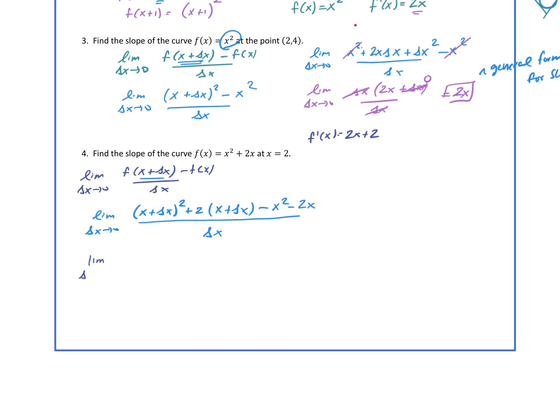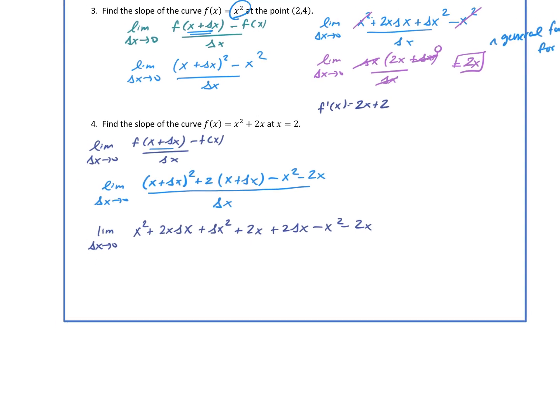So limit as delta x goes to 0 of x squared plus 2x delta x plus delta x squared plus 2x plus 2 delta x minus x squared minus 2x. Let's simplify this. I'll bring back in the denominator in a second. This cancels, that cancels, this cancels, that cancels.